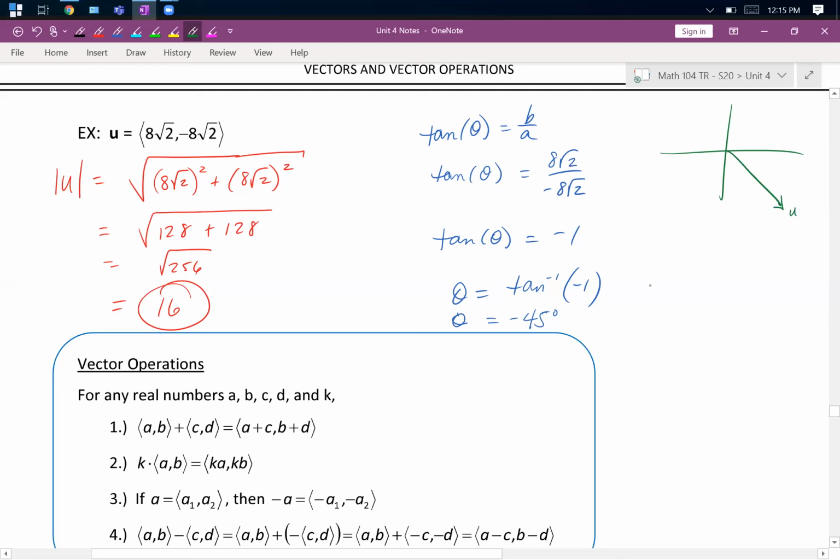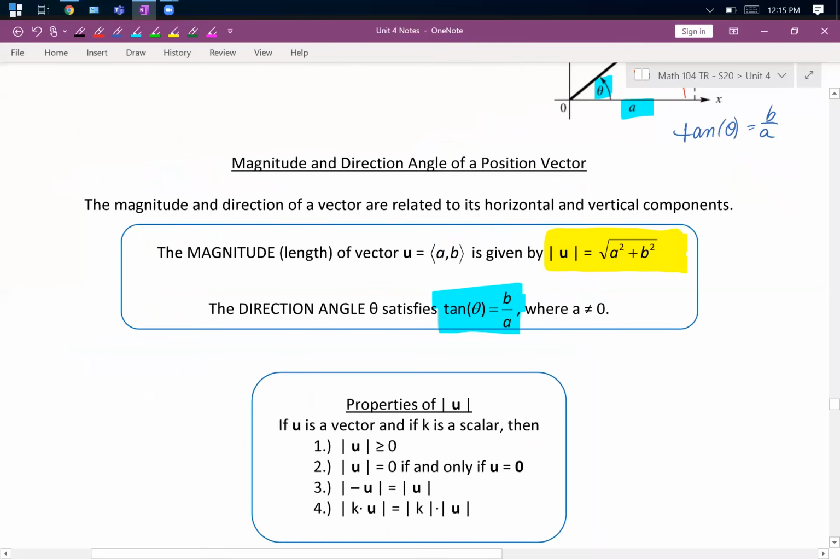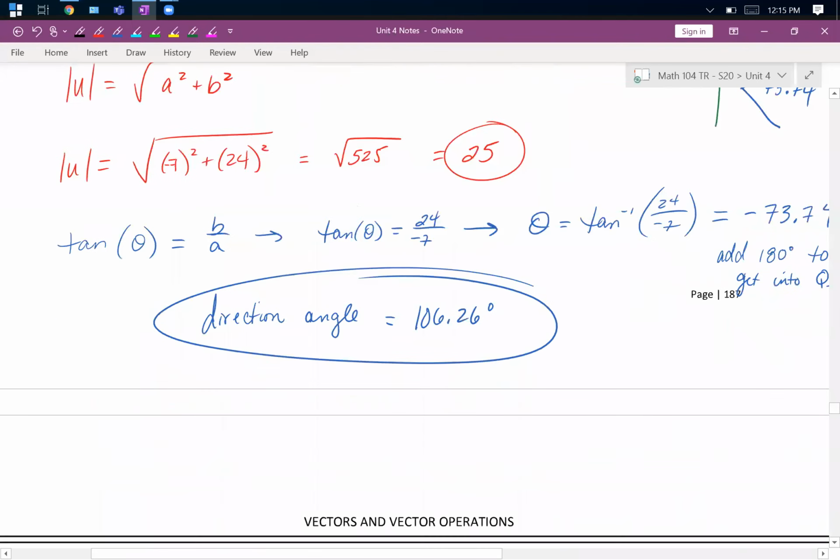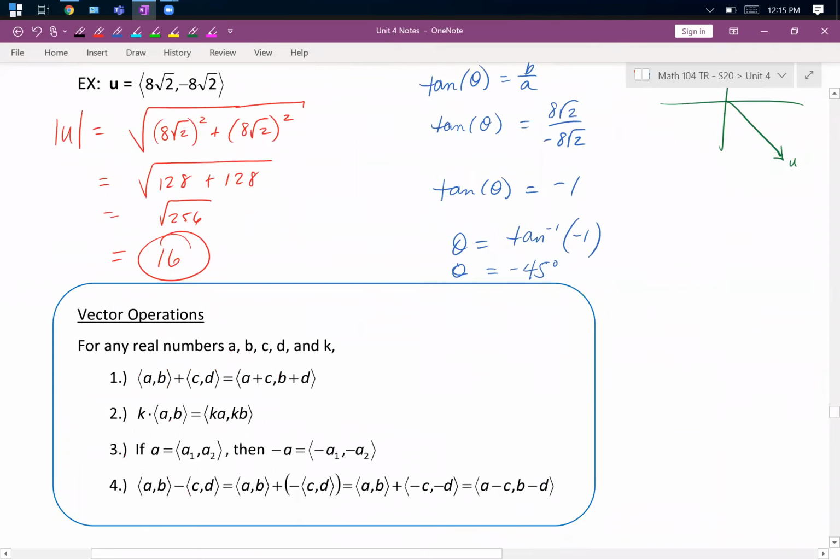Does our direction angle put us in quadrant 3? It does, but if you go back to the definition of direction angle, the direction angle is the positive angle between the x-axis and the position vector. Right now, we have a negative angle, negative 45 degrees. So we just need to find the positive coterminal angle here by adding 360, and we get a direction angle of 315.